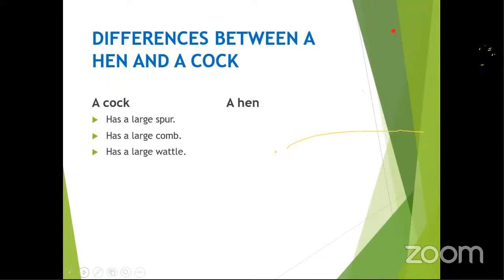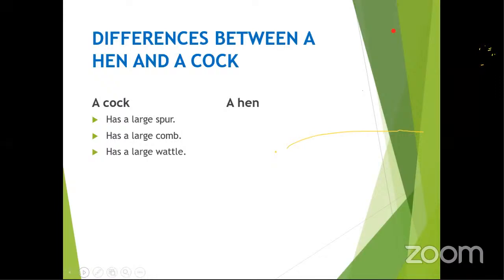A cock has a large spur while a hen has a small spur, or does not have. But a hen has only that it is poorly developed. It is not easily seen. And then we have this one, a cock has a large comb while a hen has a small comb.